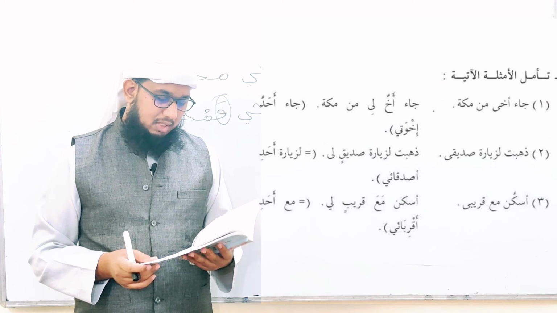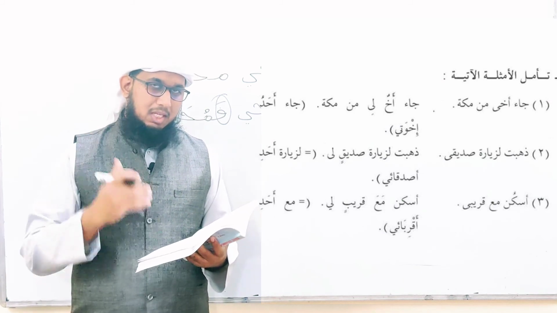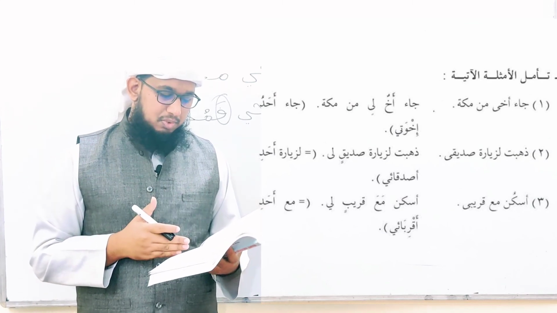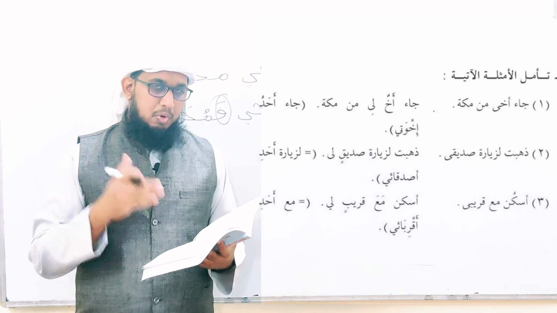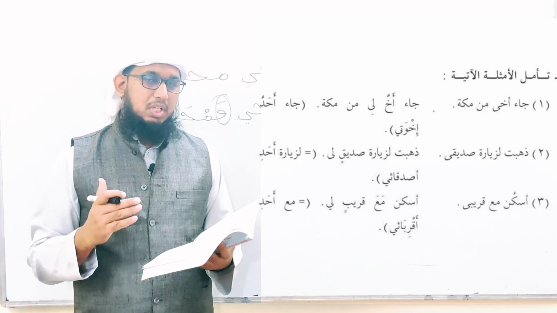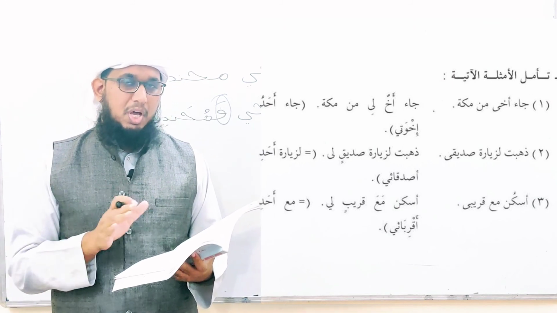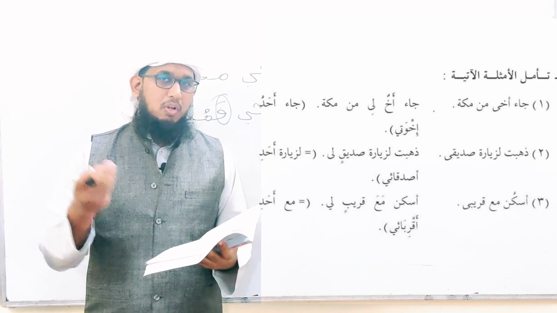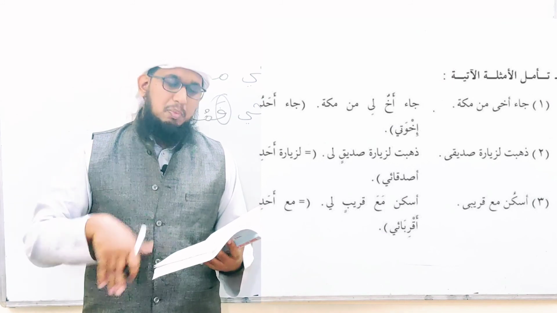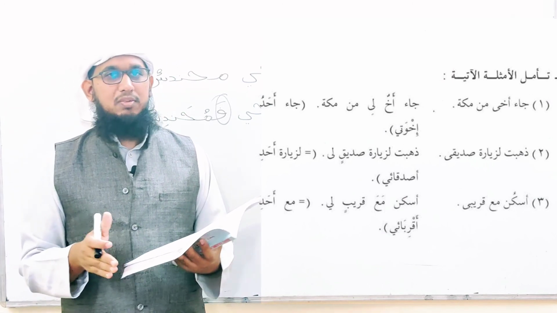تأمل الأمثلة الآتية. جاء أخي من مكة. See here, when I say جاء أخي من مكة, it means my brother has come from Makkah. Now أخي is definite, it is ma'rifa. If I want to make it nakira, how would I say? Ja'a akhun li min Makkata, a brother of mine has come from Makkah.